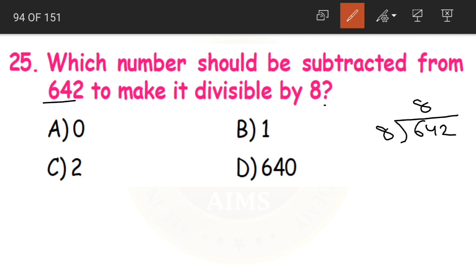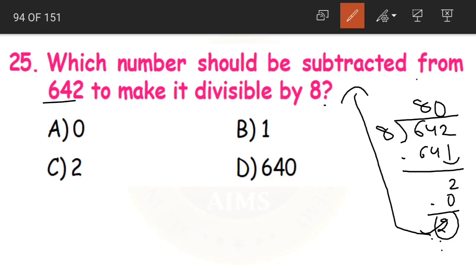We have 8 8s are 64, when we subtract, 2 brought down. 8 zeros are 0, when we subtract, 2 is our remainder, children. Yes, so what is our remainder? 2 is our remainder. So we can simply say that 2 must be subtracted from 642 to make it divisible by 8. Understood?